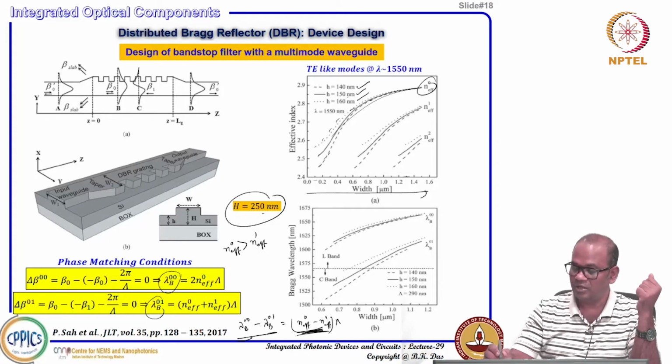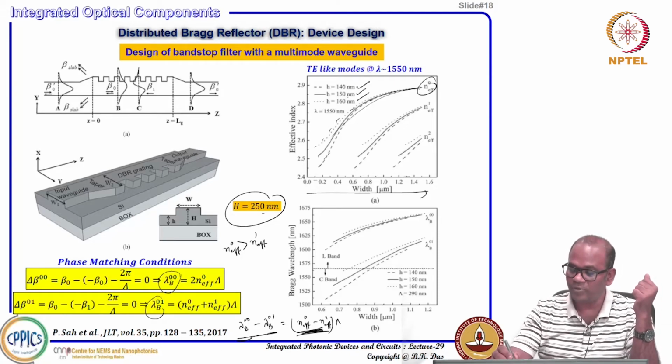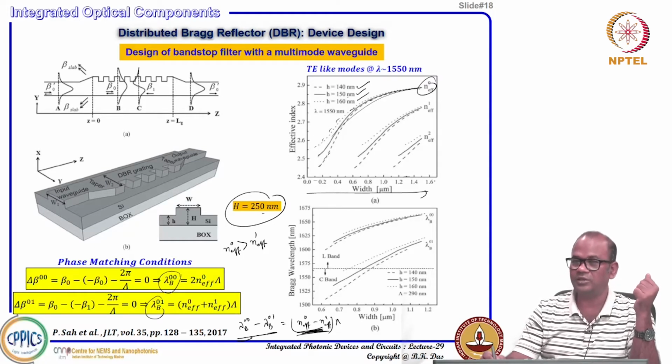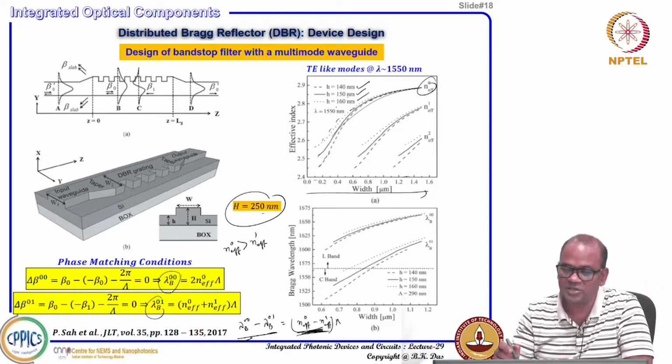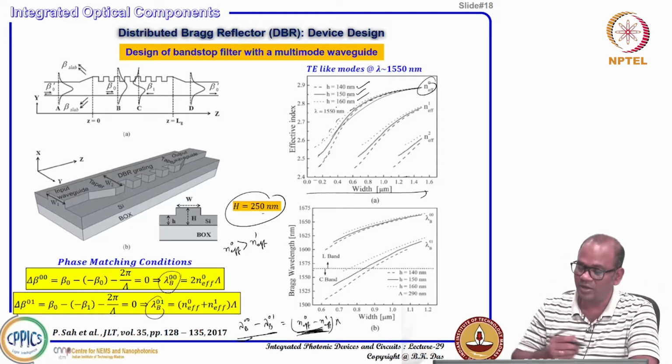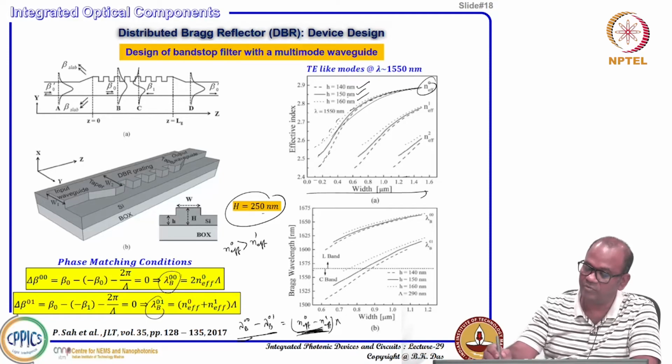You can see that for a wider width, it is insensitive to the slab heights. For 140, 150 and 160 nanometer slab heights, at a wider width it is almost closer to the bulk. So that is the reason this 10 nanometer variation of the slab height would not show any effective index change of the fundamental mode.